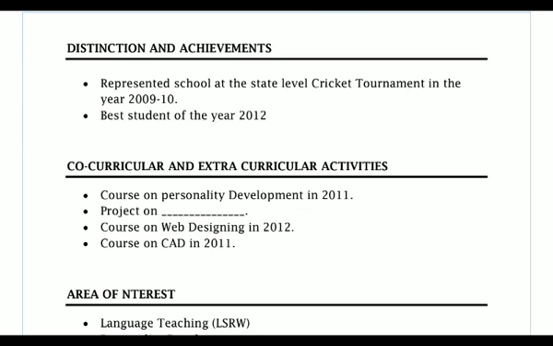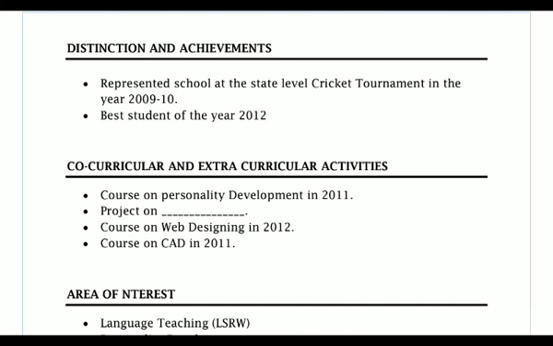After distinctions and achievements, it's time for curricular and extracurricular activities beyond your academic activities. Courses you have done, you can also mention here. I have mentioned a course on personality development in 2011. If you have done any kind of project, you can mention it here.